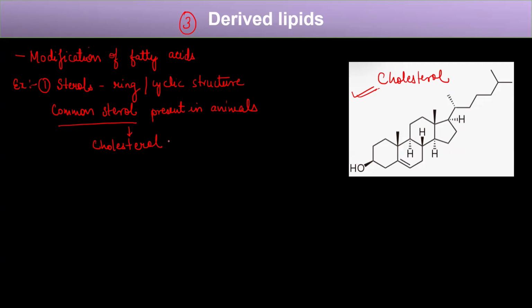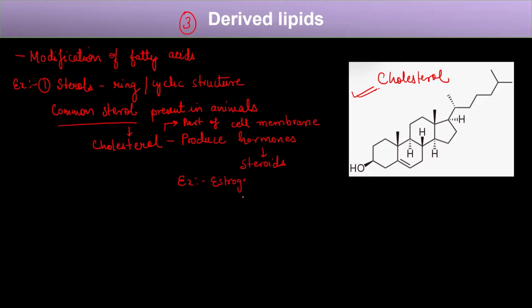First of all, it is part of the cell membrane. Second, it produces hormones. The hormones that it produces are known as steroids. Examples are estrogen and progesterone.